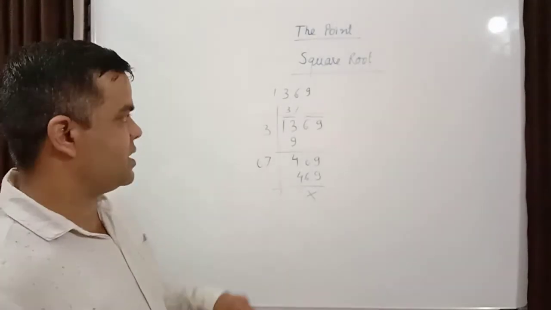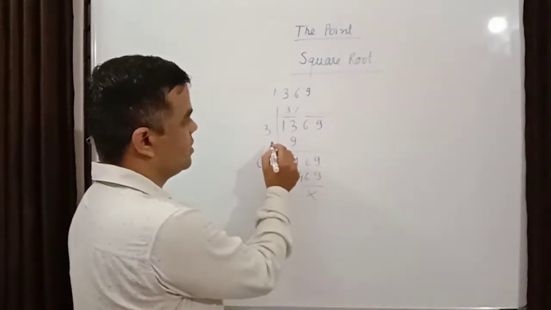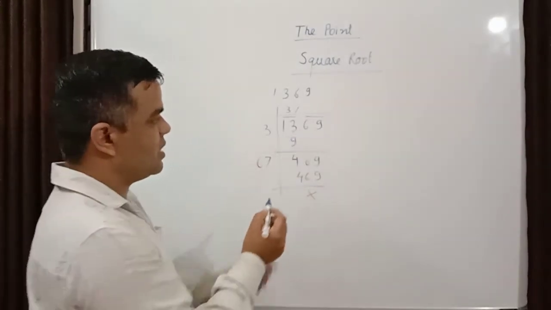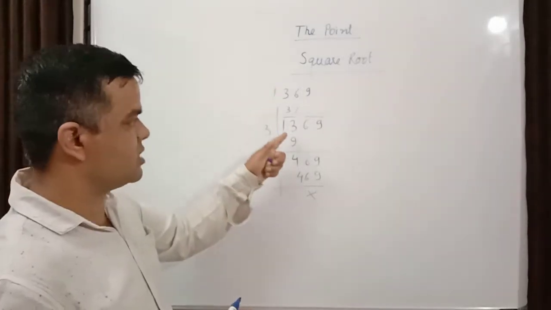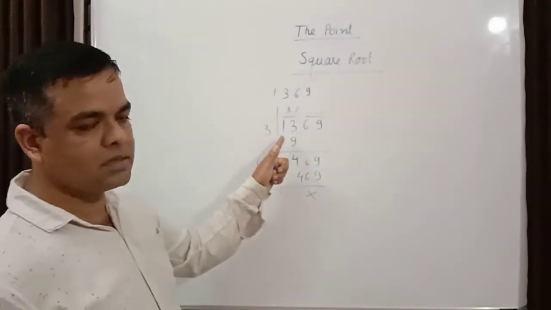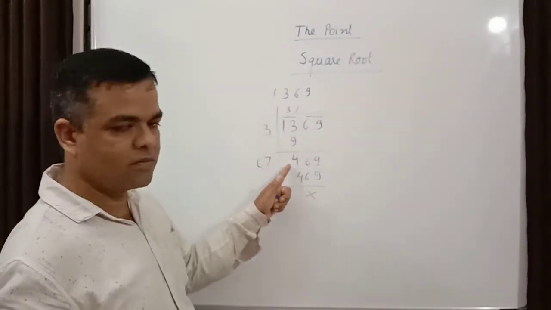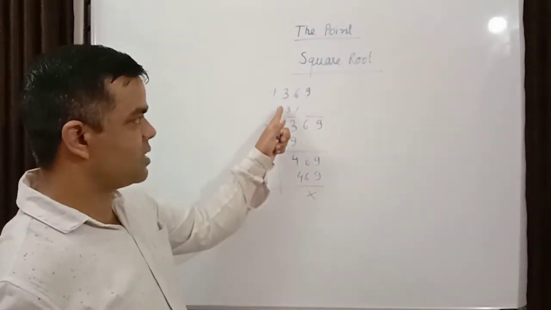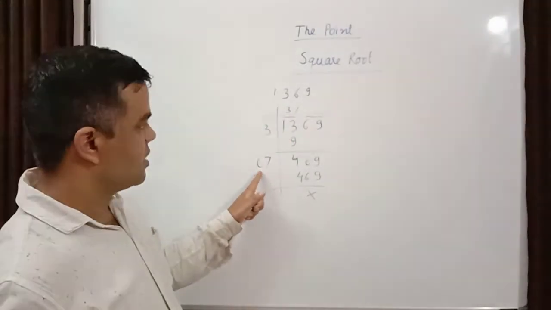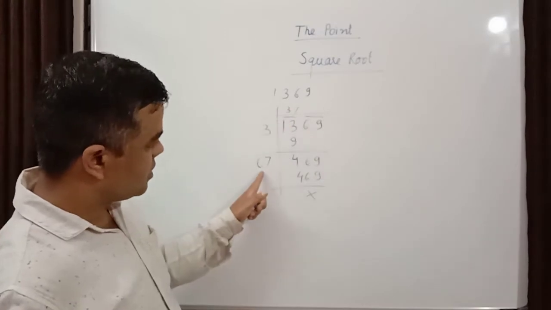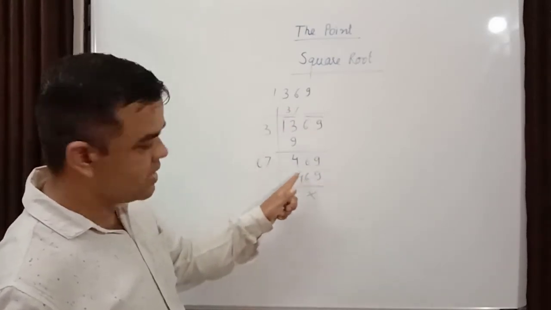See again, just pay attention. Make pairs of 2, already made. Now take the square which is below this pair, not above it. So 3 square is 9. Now 13 minus 9 is 4. Subtract, and take double of this number: 3 is here, then 6. Now find the number for which this will be the nearest value.